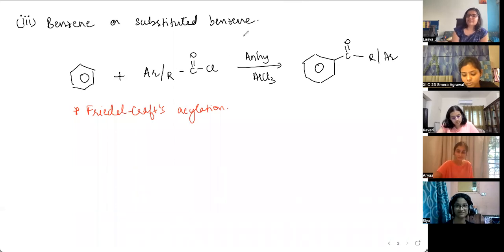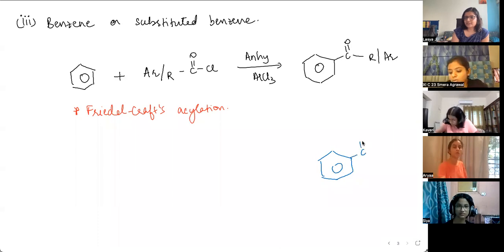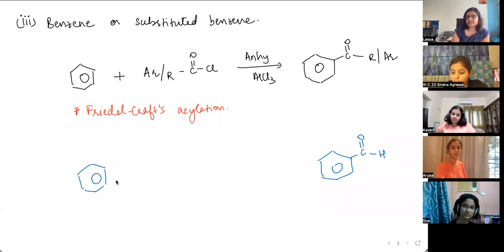Tell me, if you want to prepare benzaldehyde, benzene is one thing. What is the reagent you're going to take in order to prepare benzaldehyde? Write the product here. You want C double bond OH. Substitution is happening on benzene, so that is one of our reactants.